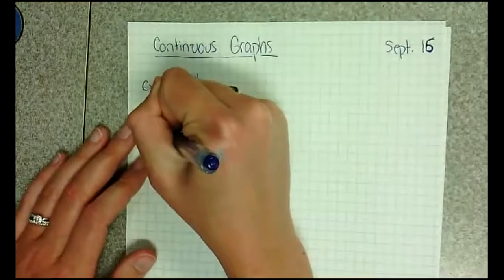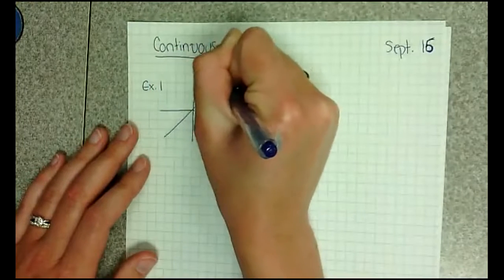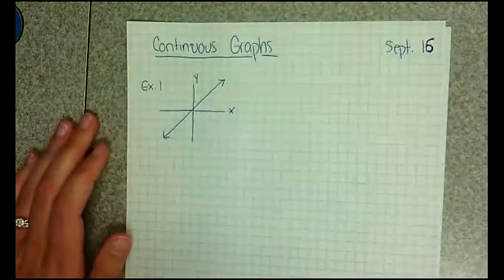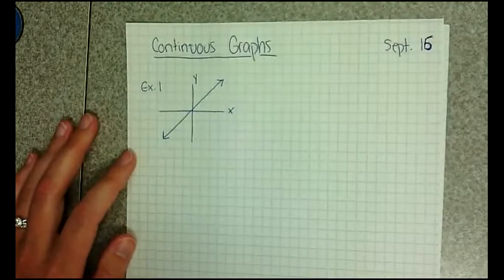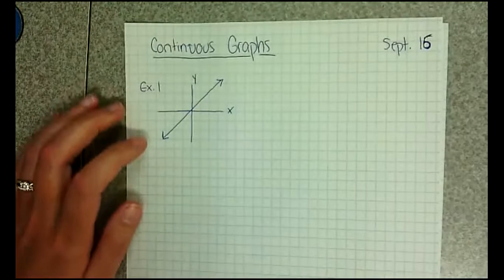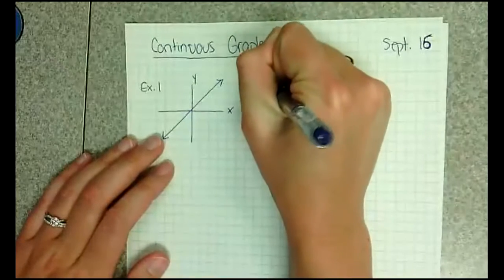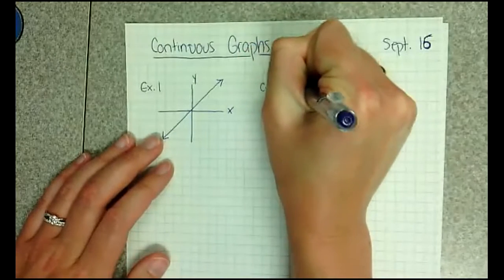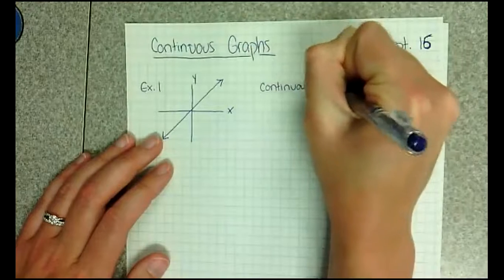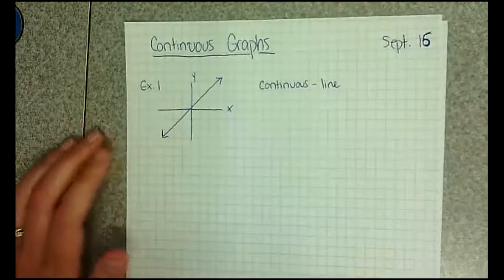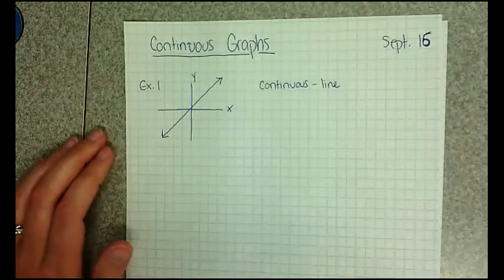And I need you to draw me a diagonal line with arrows in this vicinity. Okay. So this is continuous because it's a line. Okay, anything that's going on my paper should be going in your notebooks.